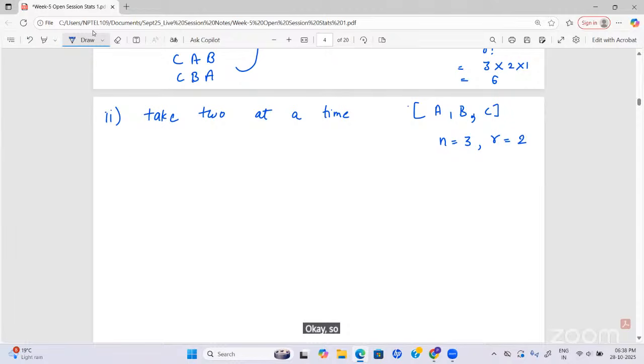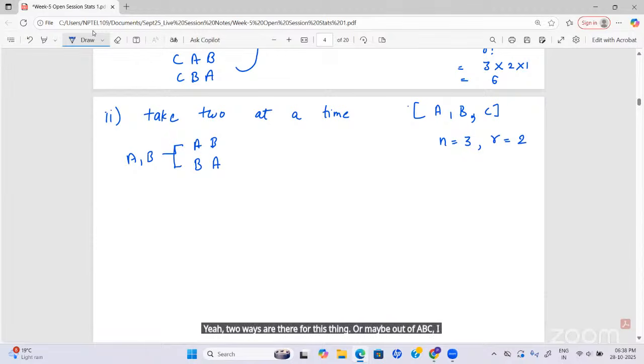Now suppose I am selecting A, B. So how can I arrange? It can either be A, B or it can be B, A. Only 2 factorial ways, so 2 ways are there for this. Or maybe out of A, B, C, I am selecting A, C and then I have to arrange it.